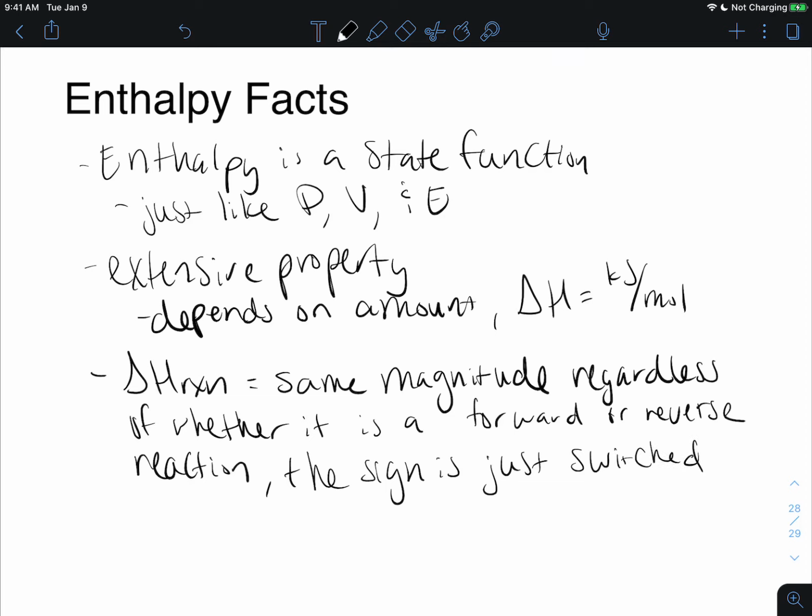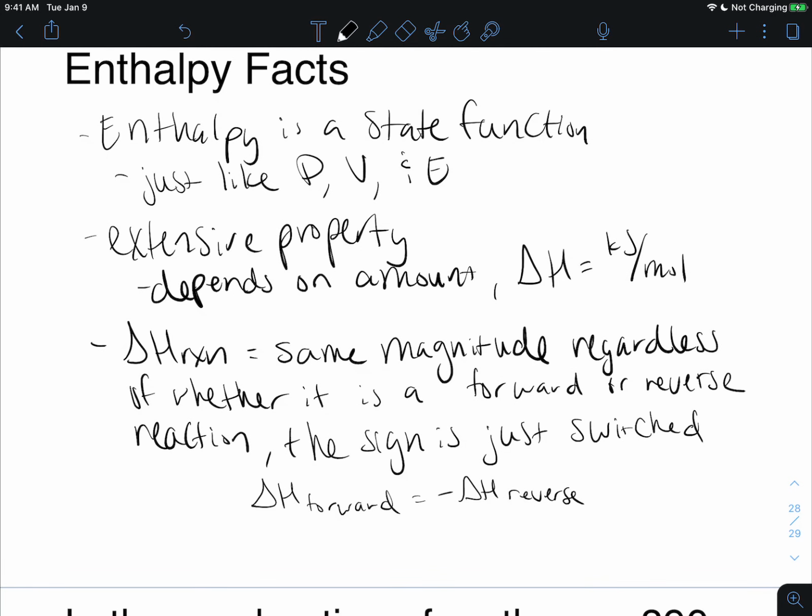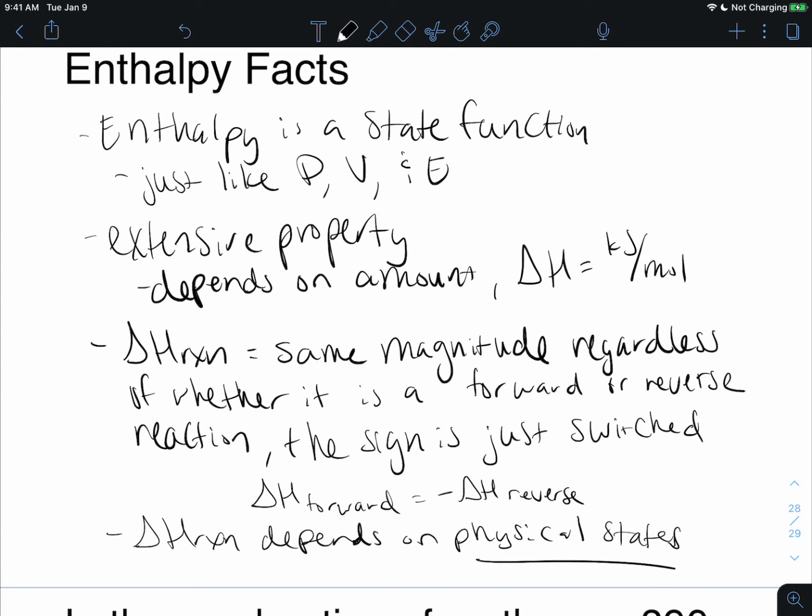So for instance, if we have a delta H for your forward reaction, it'd be equal to the negative delta H of the reverse reaction. Okay? And our delta H depends on the states of the products and reactants, so physical states are very important. So pay attention to those. They're going to have different enthalpies based on whether you're a gaseous state, liquid state, or solid state.